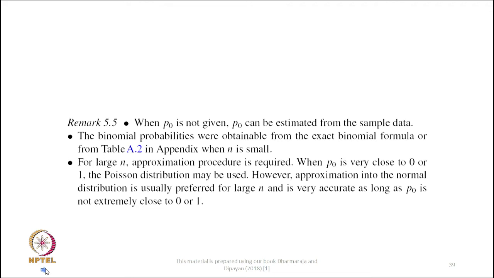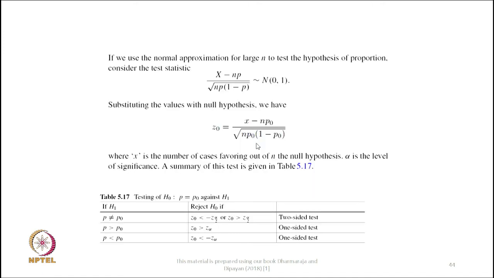So, for large n, when p naught is very close to 0 or 1, the Poisson distribution may be used. Also for a larger n, you can think of approximation into the normal distribution. So, this is the test statistic.